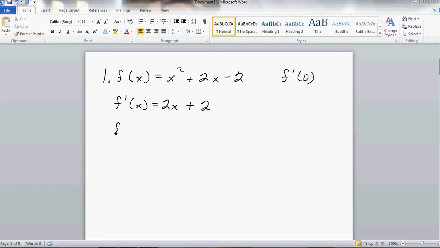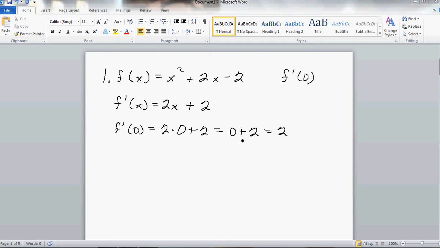So in other words, all we have to do now is to find what would f prime of 0 be. That would be 2 times 0 plus 2, or 2. So f prime of 0 would equal 2.